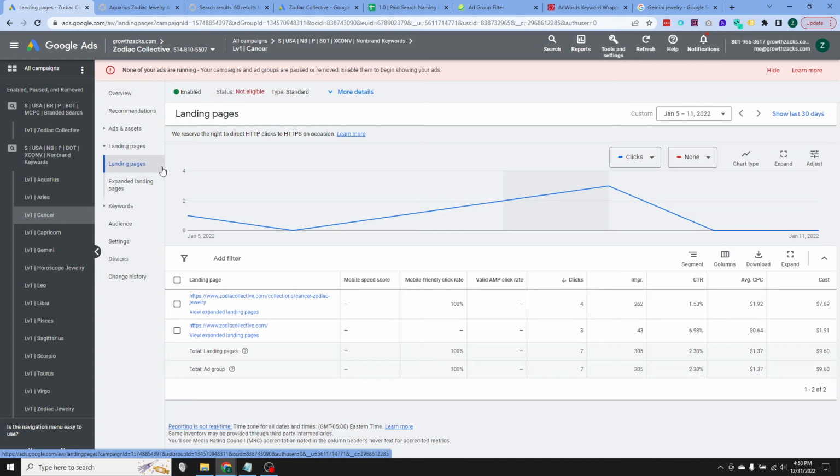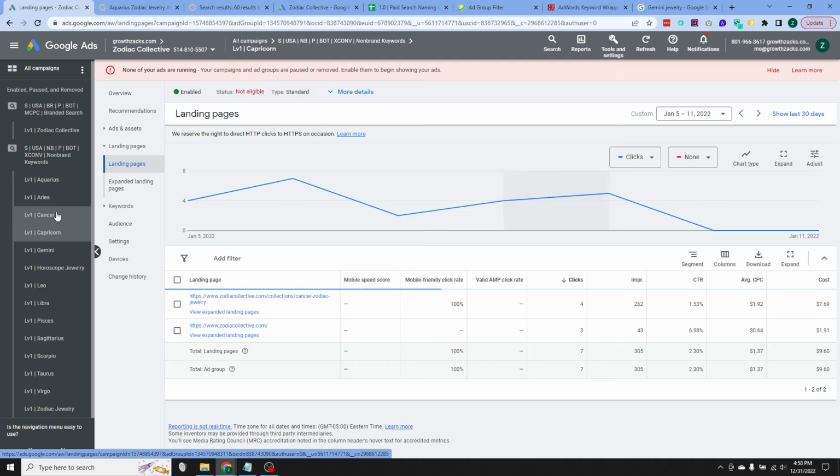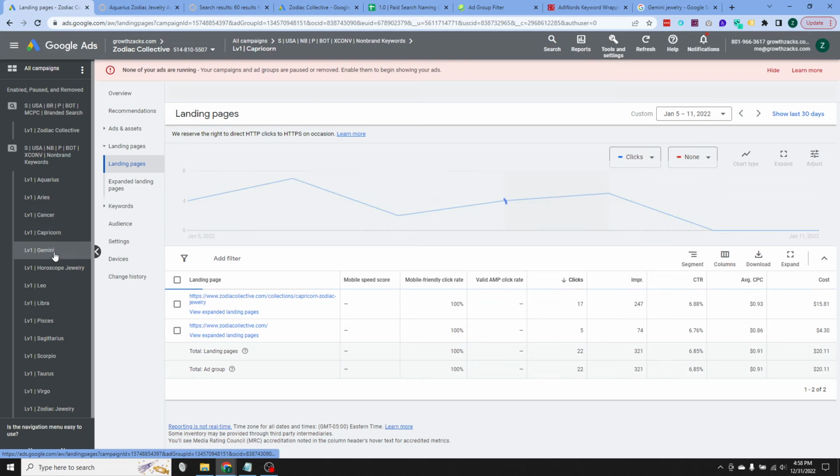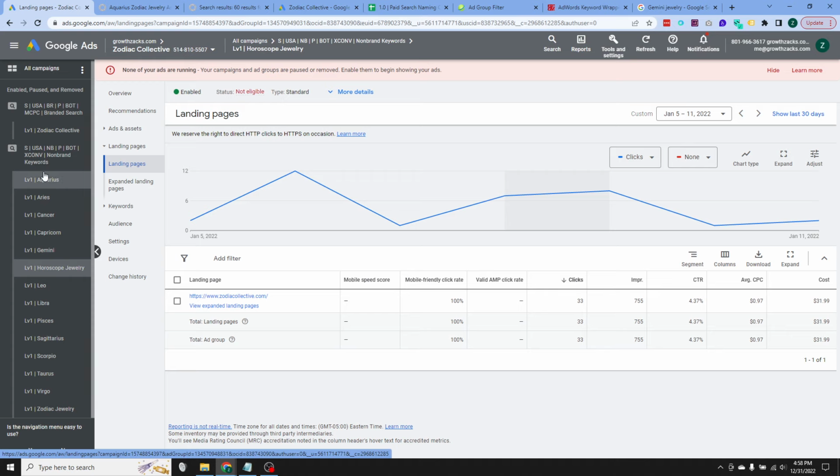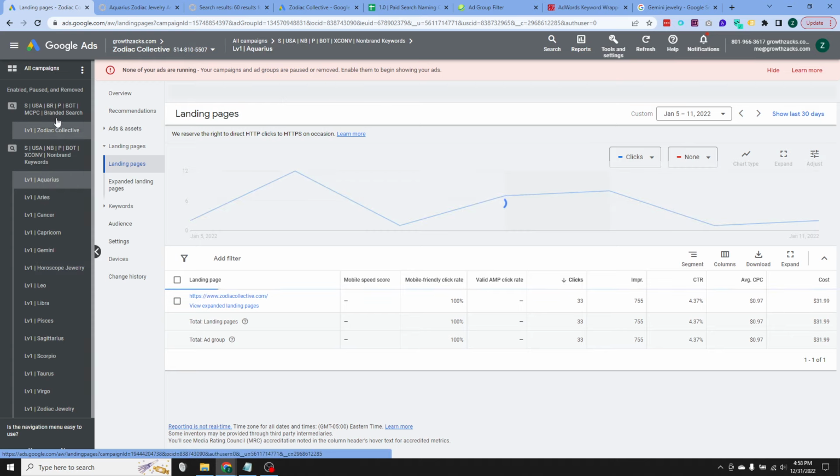You want the user to search for cancer type of jewelry and go to the cancer page because they saw the cancer ad. All the breast cancer terms that we were looking at in the other one screwed up the relevance in the targeting here, and it was no good, so we had to exclude those. So this is all really important stuff to think about. But bottom funnel is basically higher intent terms that aren't your brand terms.